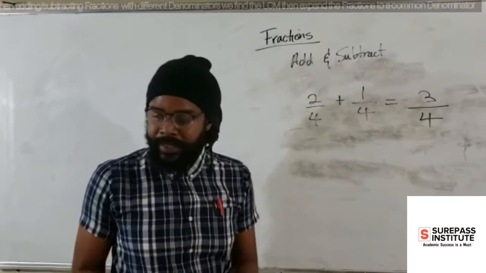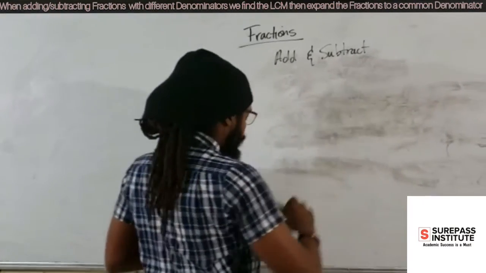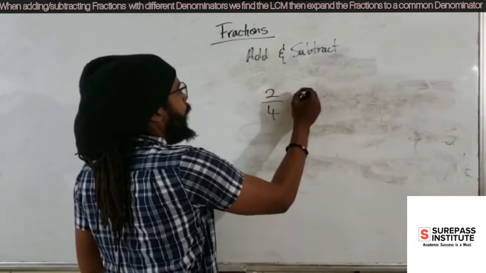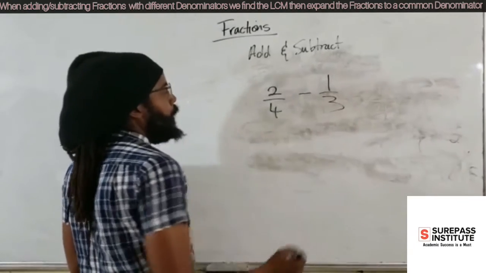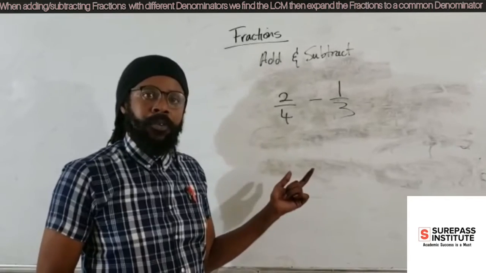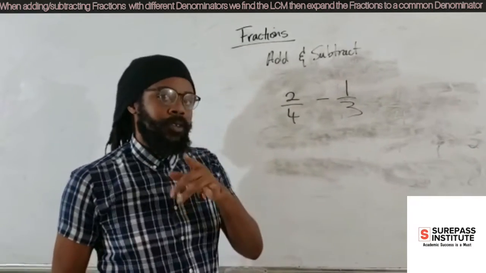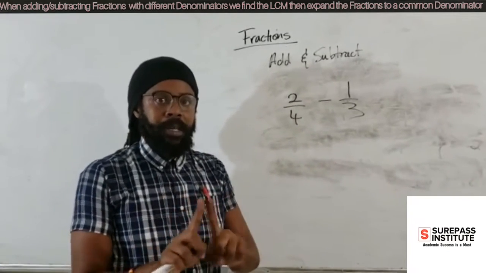Now, the next part of the concept has to do with adding two fractions. Let me use 2 over 4 again, and this time I'm going to subtract 1 over 3 from that. The aim here is for me to use the other operation, subtraction, to explain the same concept, as well as to show you how to add or subtract fractions that have different denominators.